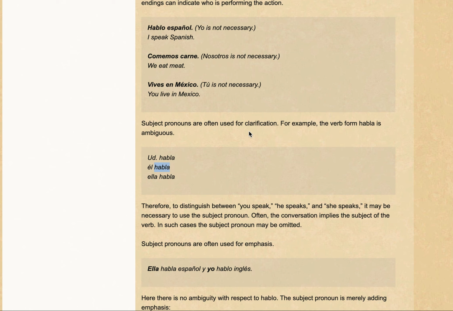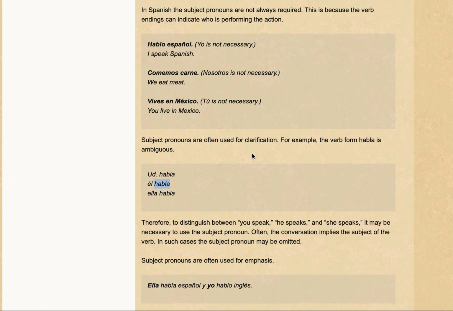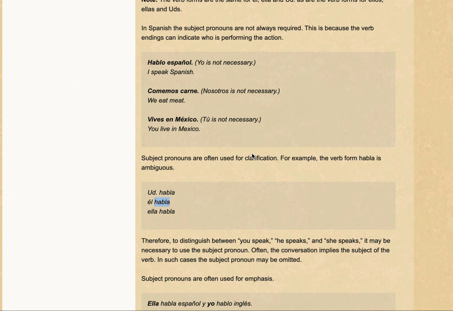So just for instance, you have él habla or ella habla. If you just take habla, you don't know if it is él or ella. So in order to distinguish between them, we need to use the subject pronoun.